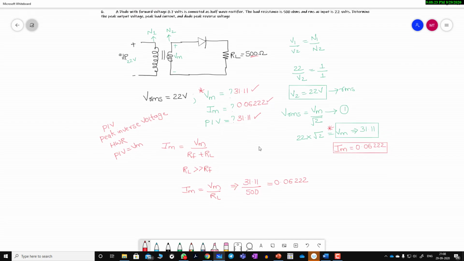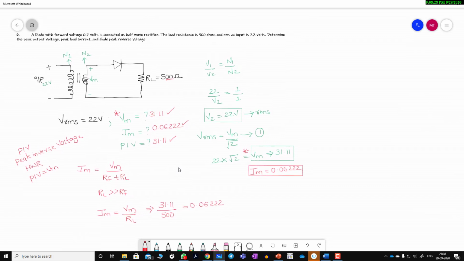Now let us see whether these answers are correct or not. Let us check. As it is stated that the forward voltage across the diode is 0.7 volt, if the diode is on, it should be replaced with a 0.7 volt source. So once again I am drawing the diagram. This is the step down transformer, and I am replacing the diode with 0.7 volt, positive here and negative here, followed by load RL.